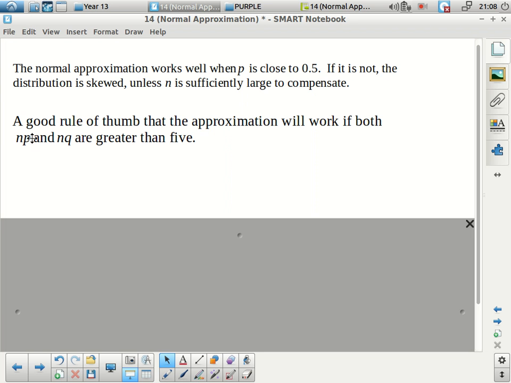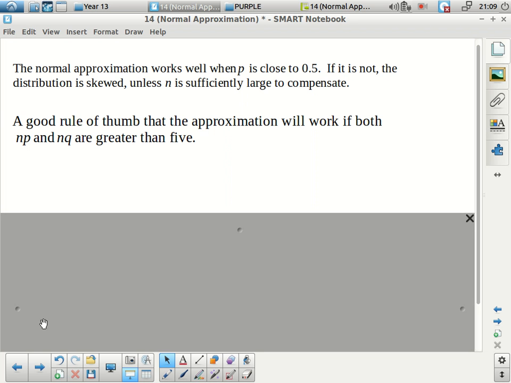This is something we need to check to make sure it will actually work. If np or nq are less than 5, then the distribution is probably too skewed to do this, and you would just have to go back and do the binomial distribution if you could.